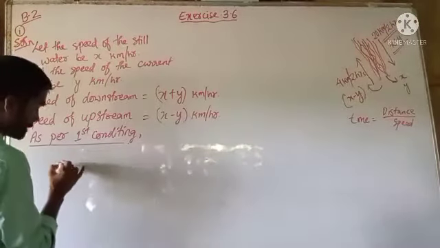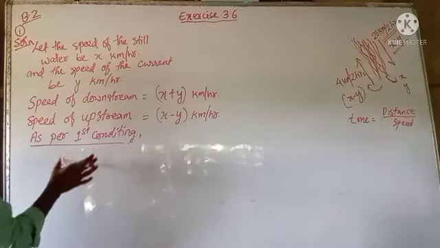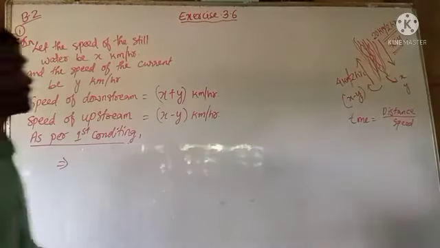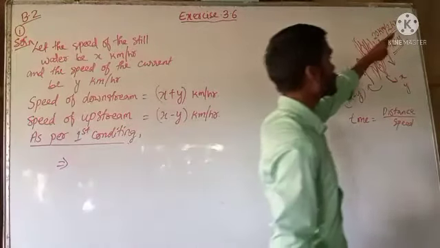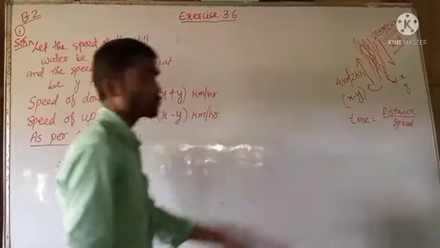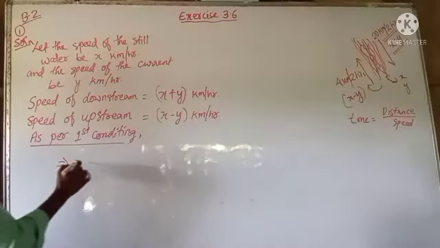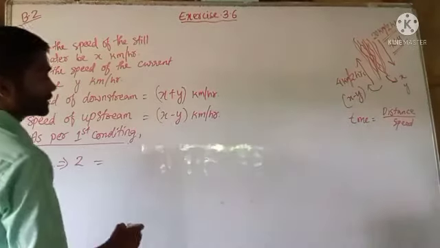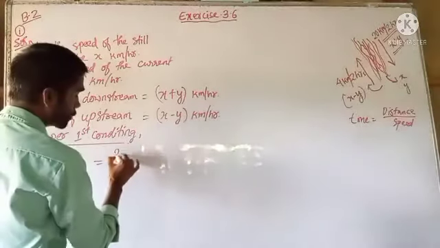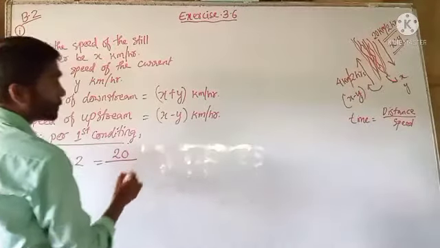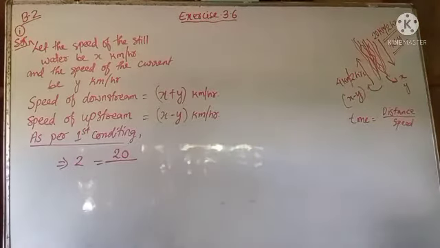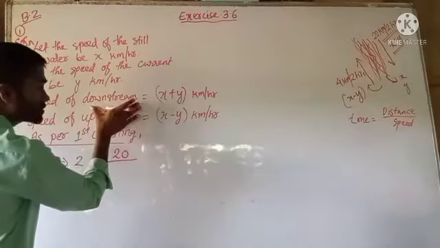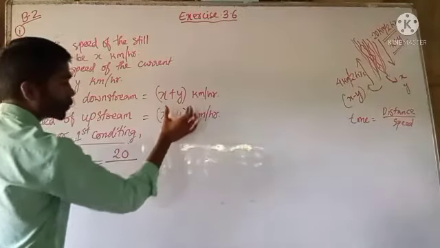What is the time taken when she is covering downstream? It takes 2 hours. So time here is 2 hours, and the distance covered is 20 km. So 20 by speed. Now what is the speed? When it is downstream, the speed is x plus y.